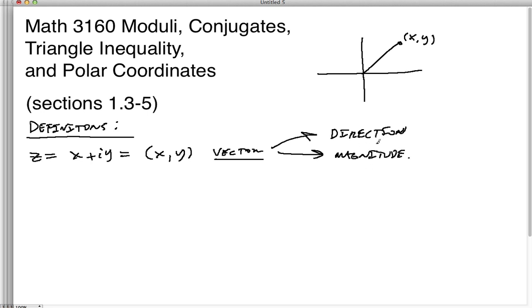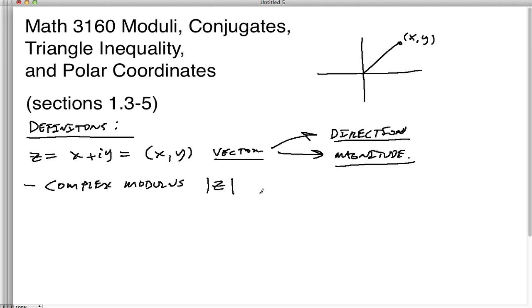So we have to find a way of measuring these ideas of direction and magnitude, and the first definition we have today is that of the complex modulus. The symbol for the complex modulus is just what we call the absolute value signs.